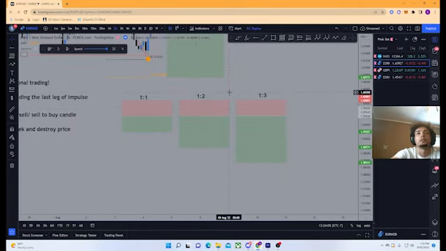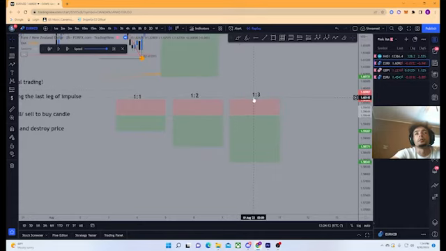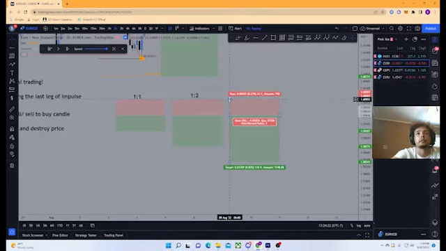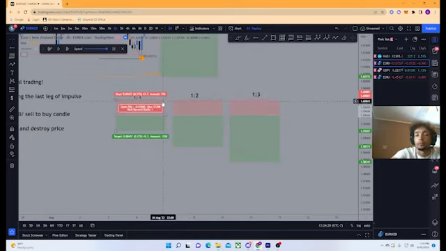Now, if I only took trades with a 1 to 3 risk reward and I lost 7 out of 10 trades, I would be in profit by 1%. I would rather be in profit by 1% than be in drawdown 1%, or be in drawdown 7%, or even be at break even.